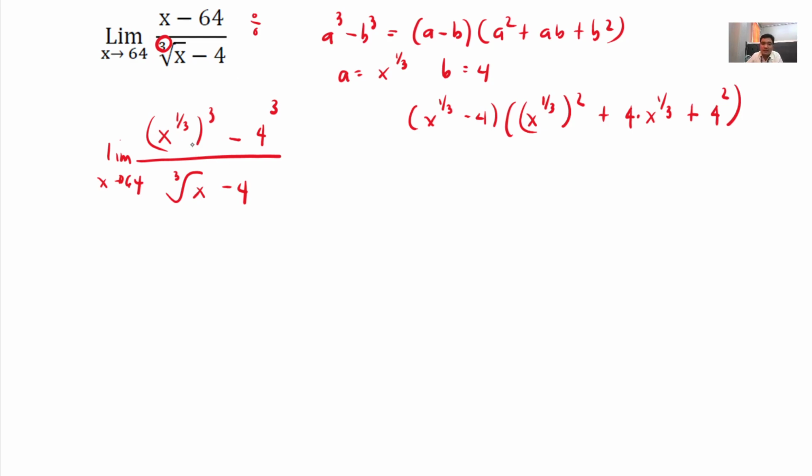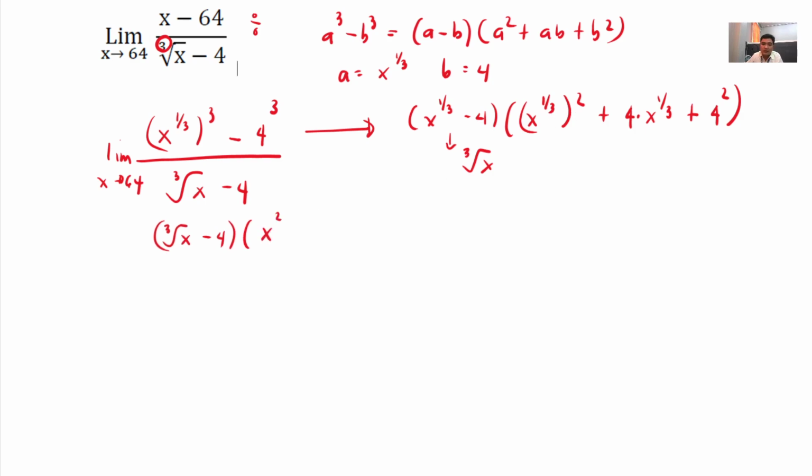So i-rewrite ko siya sa numerator, class, parehas lang siya dyan. Okay? Ang x raised to 1/3, 'di ba, can be rewritten as cube root of x. So yun na lang yung gagamitin natin, cube root of x. Magiging cube root of x minus 4 times 1/3 times 2, 2/3 na siya.